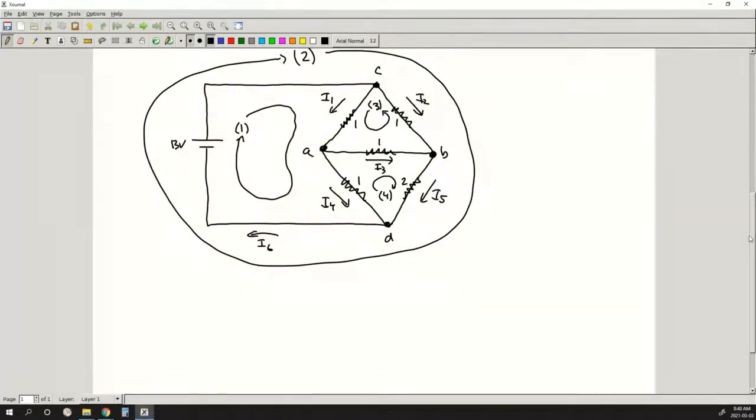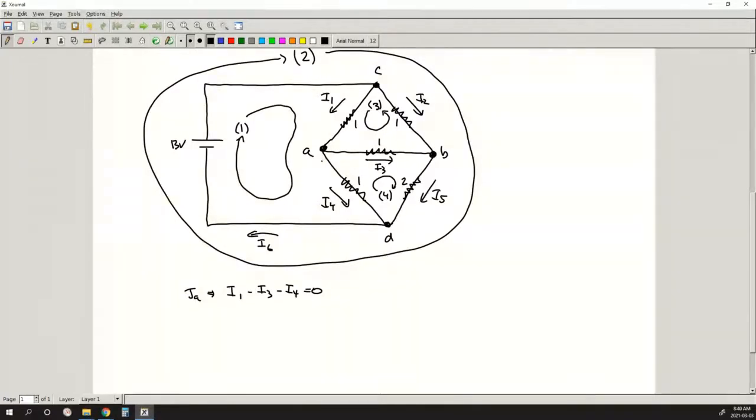So let's say we start off with junction A. So junction A is going to show us that, well, what do we have going on here? We have current 1 coming in, and we have currents 3 and 4 going out. So what does that mean? That means that I1 minus I3 minus I4 has to be equal to 0. Okay.